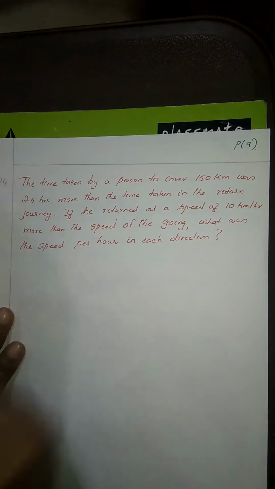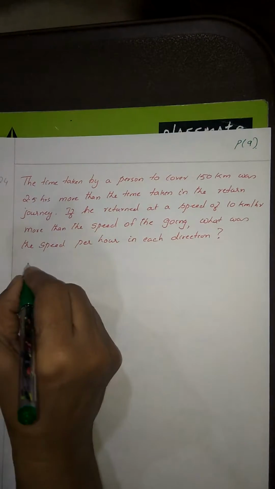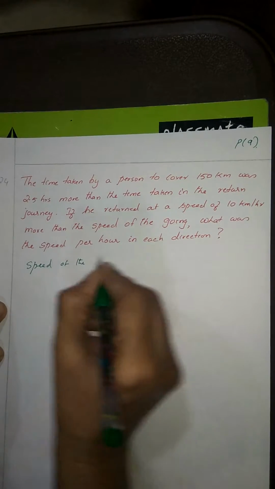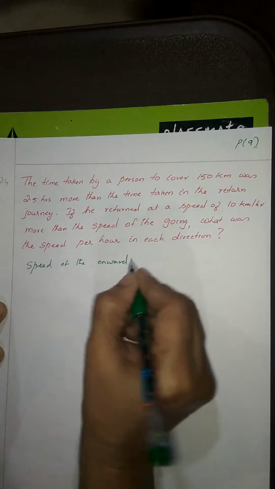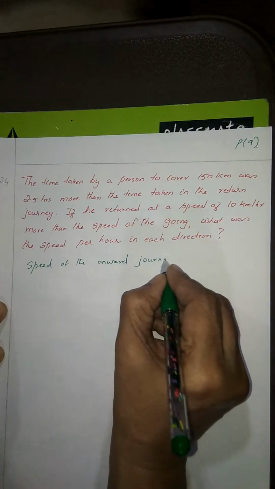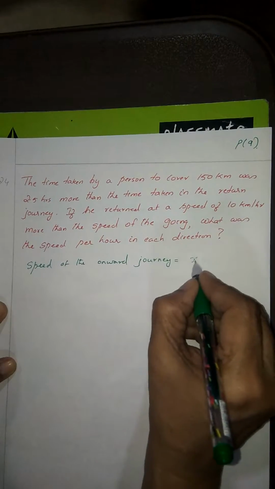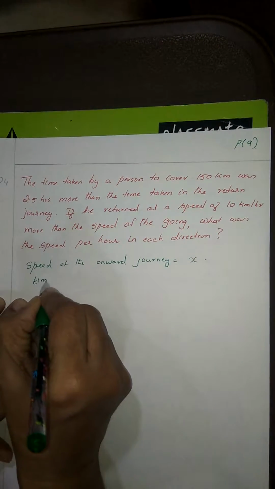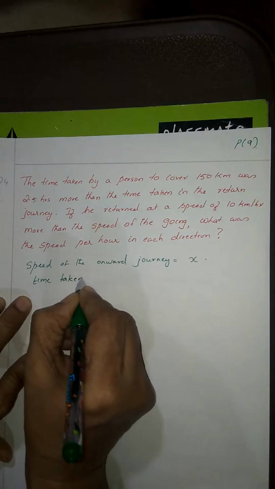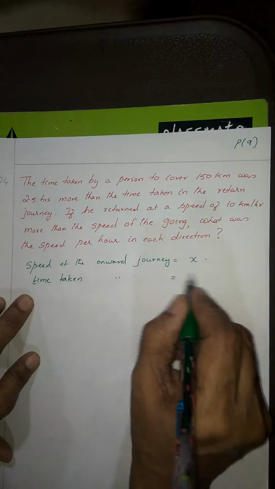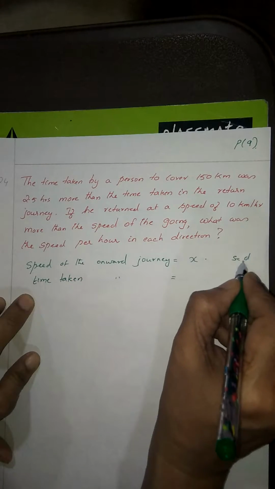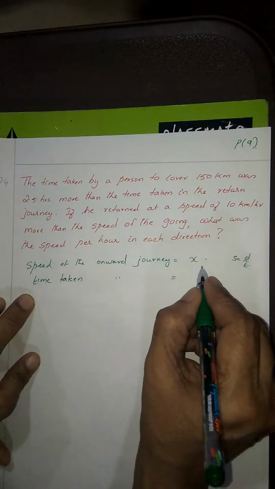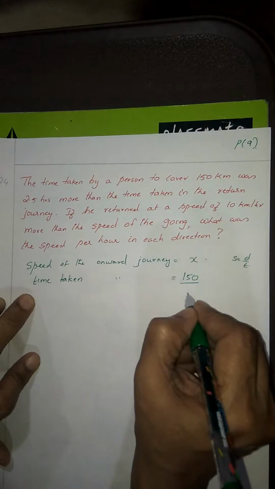So let the speed of the onward journey be x. So the time taken: speed is equal to distance by time, time is equal to distance by speed. So it is 150 by x.